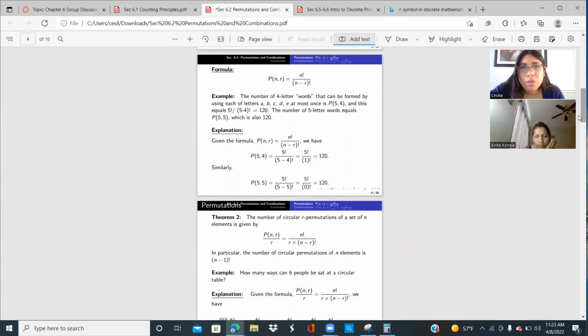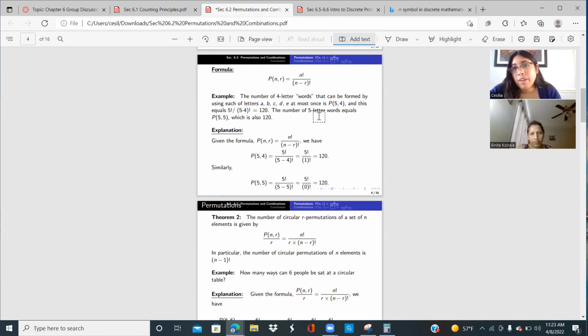Okay, so for the formula of P(n, r), an example is the number of 4-letter words that can be formed by using each of the letters A, B, C, D, and E at most once. It's P(5, 4), which equals 5! divided by (5 minus 4)!, which equals 120.